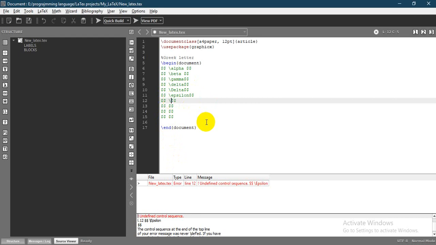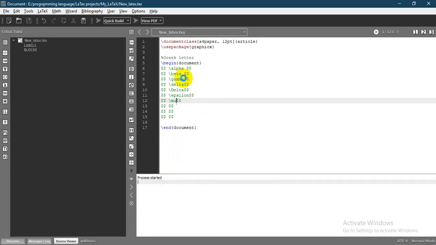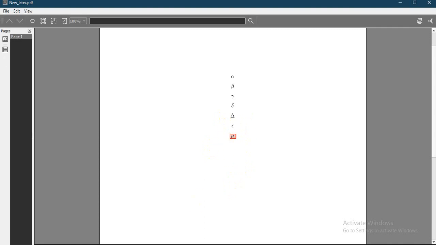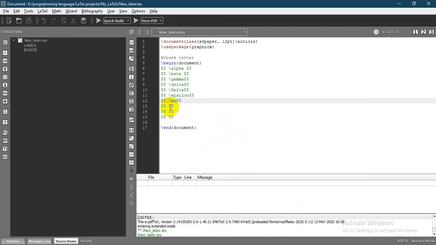So the next thing you are going to say is mu. So you're going to use mu. So mu as such is going to be used in math. So this is mu.